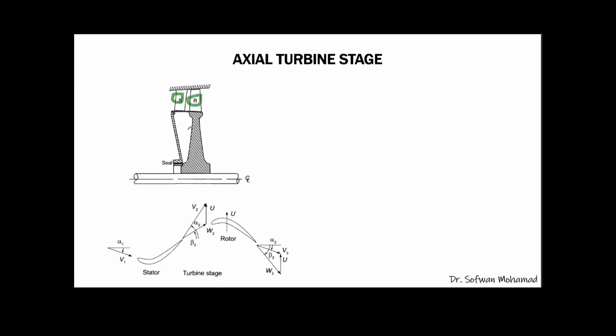The spacing along the periphery of this is called the pitch. And the pitch increases in the radial direction from the hub of the rotor to its casing. The nominal value of the pitch is at the mean radius.